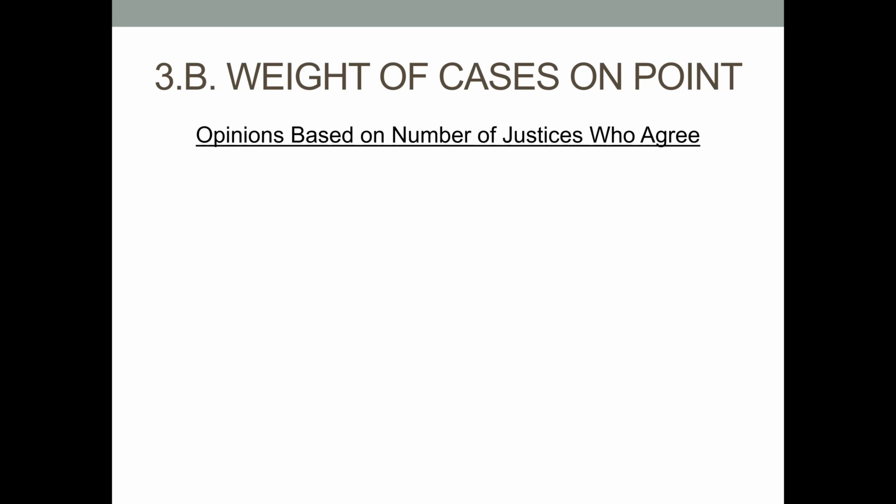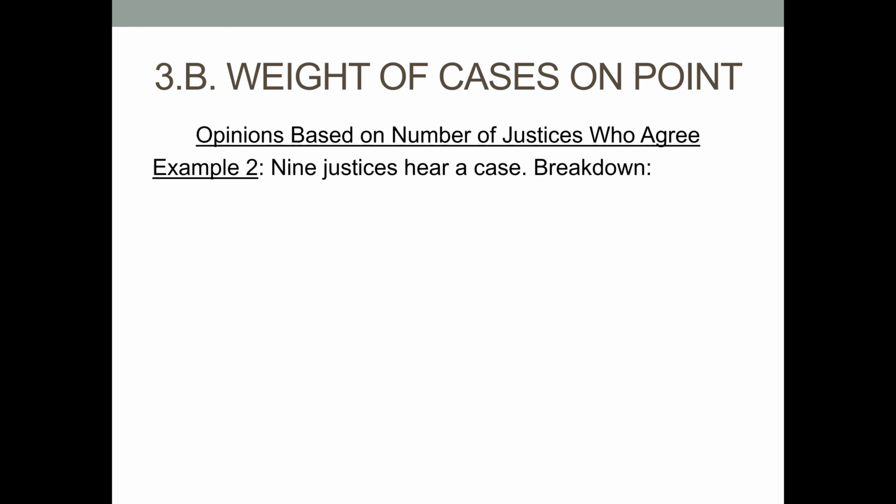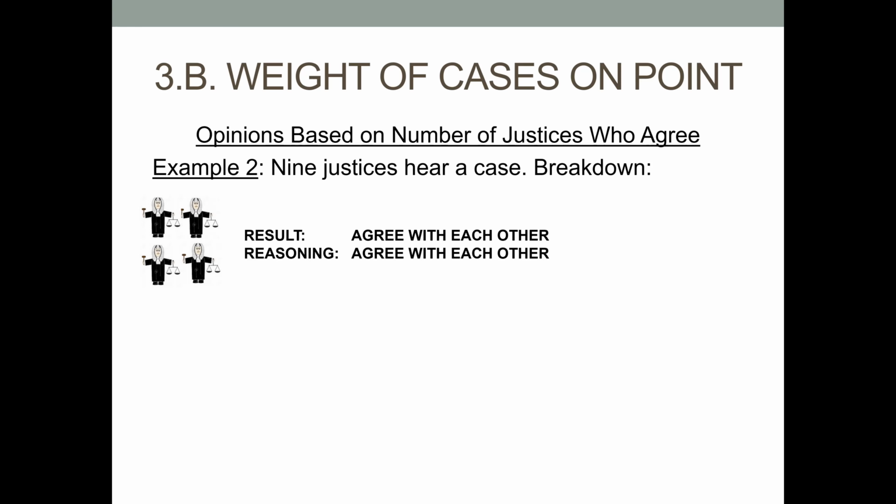One more example. Let's say, again, we have nine justices who hear a case, and at the end of the day, they're reaching their decisions and determining to what extent they agree with each other on the result and the reasoning. Here is the ultimate breakdown. Let's say you have four of the nine justices who agree with each other on the result, and these same four justices agree with each other on the reasoning. Well, four is not a majority of the court.